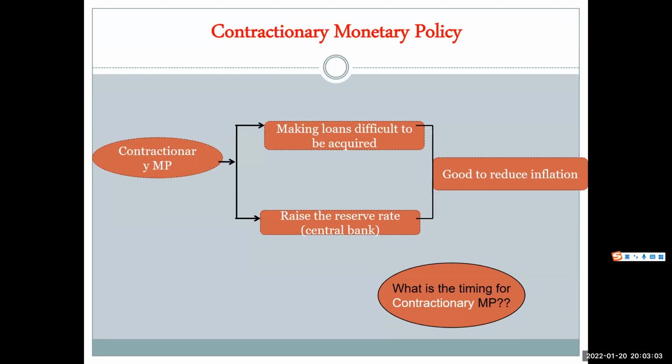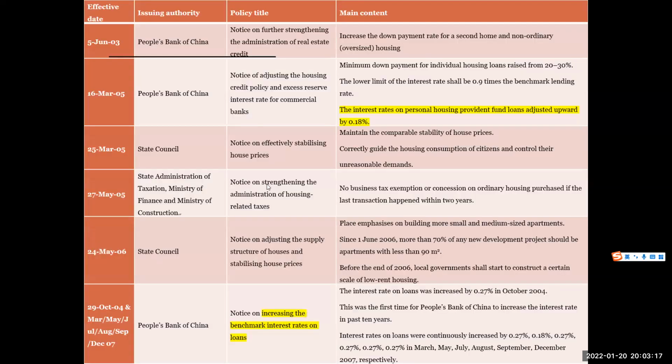But is monetary policy on the housing market a supply side policy or a demand side policy? Do you think it's more of a supply side policy or demand side policy?